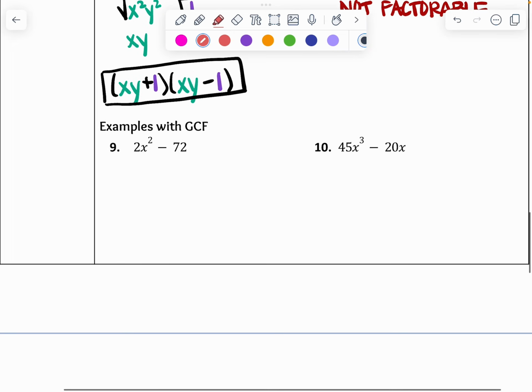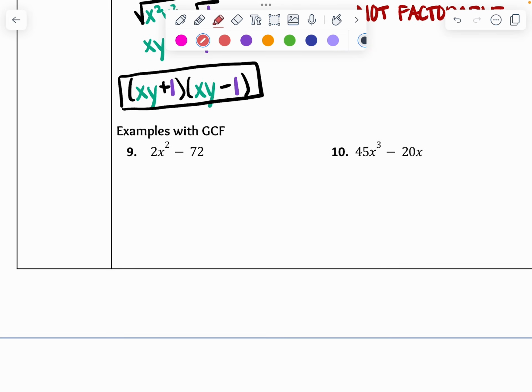Okay, let's look at 2 more examples. One that has a greatest common factor, because remember, you should always be looking to see if both terms or all terms in the polynomial have a greatest common factor. In number 9, I can see they're both even, so I can definitely factor out 2.